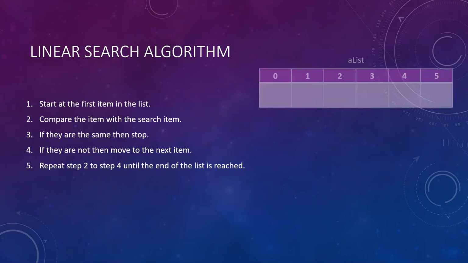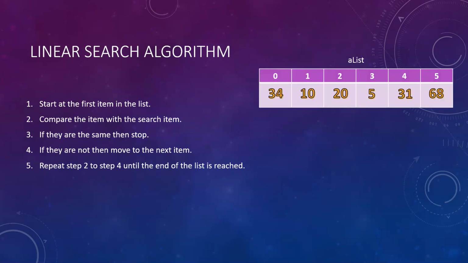So if we see an example of a linear search, then it will be easy for us to understand. Say this is the list and we have some items in it. We have mentioned here 0, 1, 2, 3, which is actually the index number.